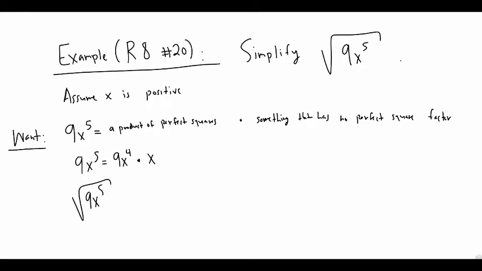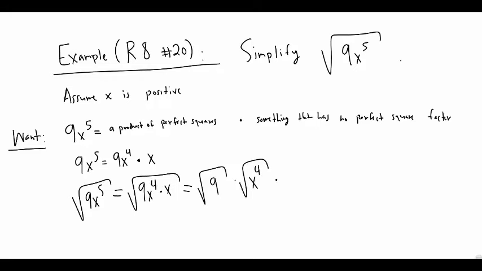Let's see how we can simplify this radical expression using that. We'll go through the steps. We said 9 was a perfect square. We said x to the 4th was a perfect square. And of course we have x left over.